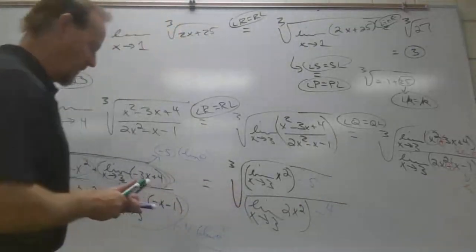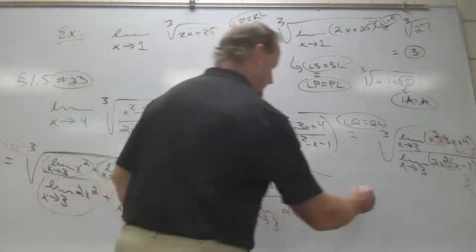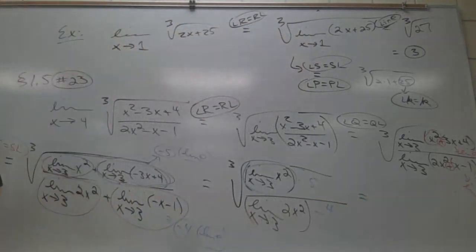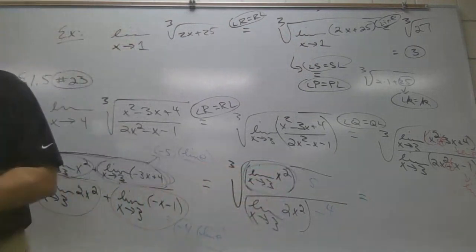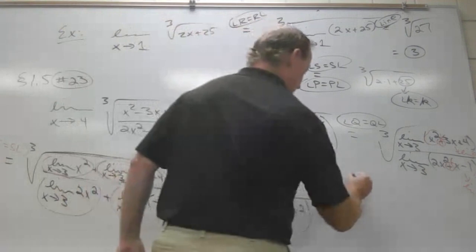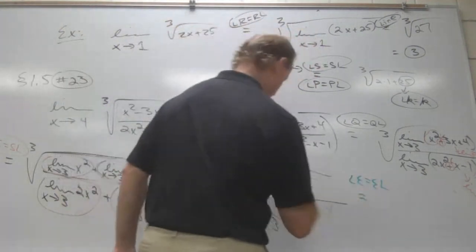And then now what do I do with the first part? So what's this top one? What can I say? What kind of problem is that? Limit of the exponent is the exponent of the limit. Okay, and then what?